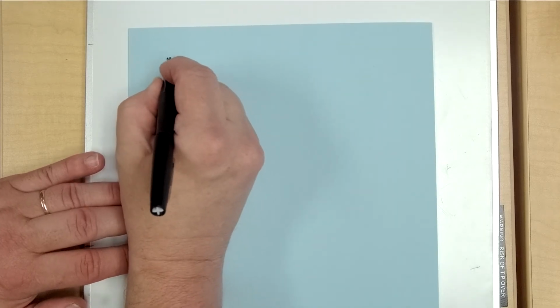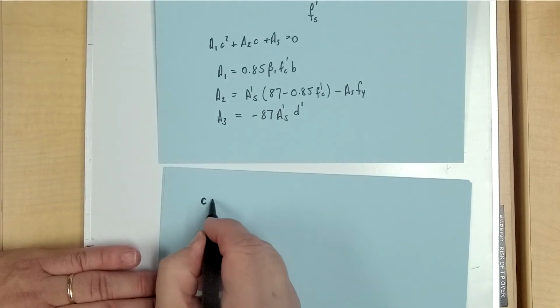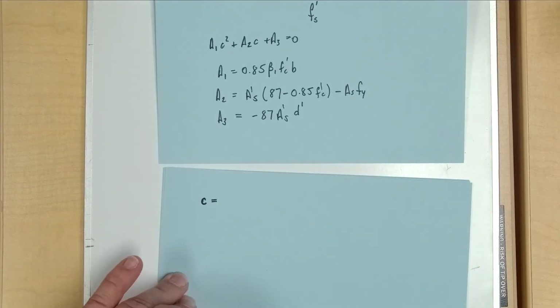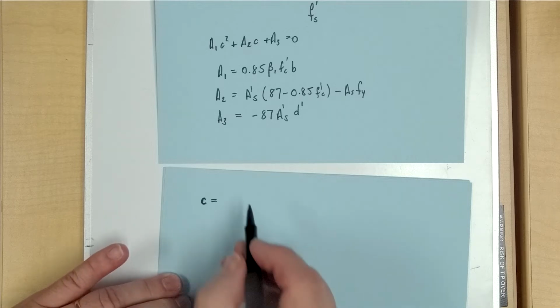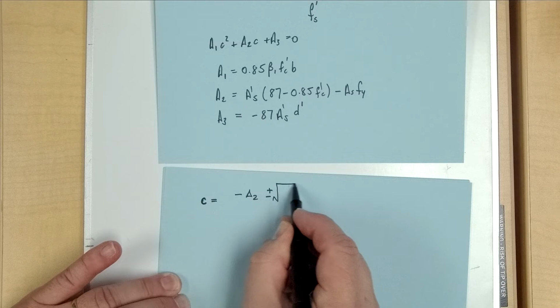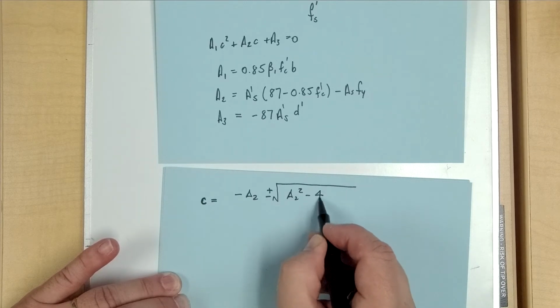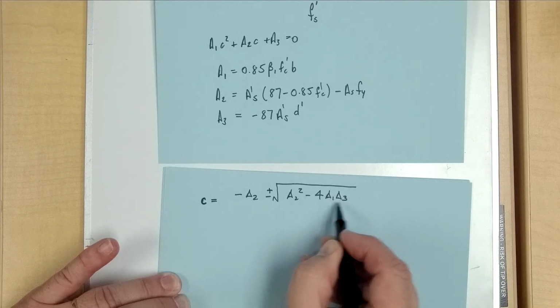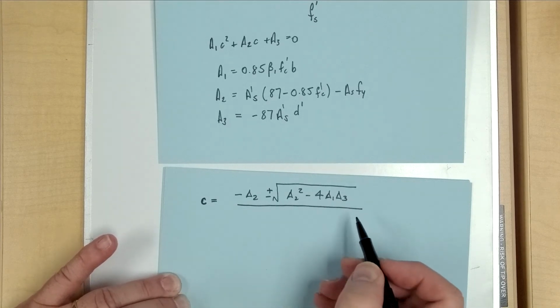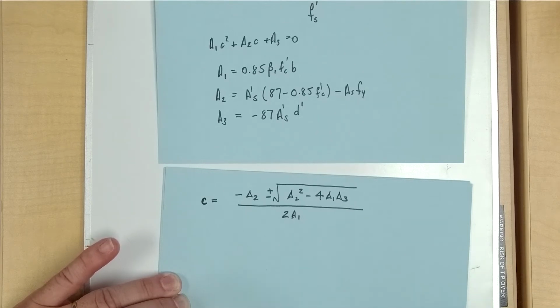And so C, go back to that one, please. There you go. C is equal to minus A2 plus or minus the square root of A2 squared minus 4 A1 A3, all divided by 2 A1. Right?